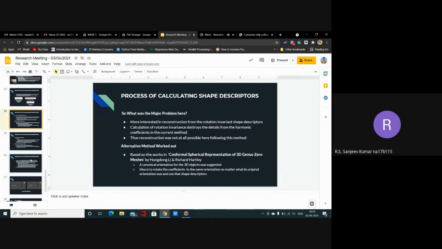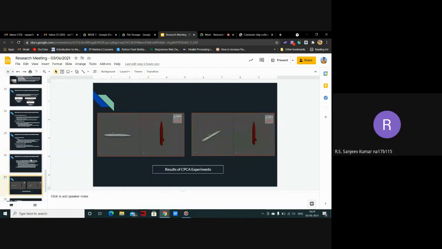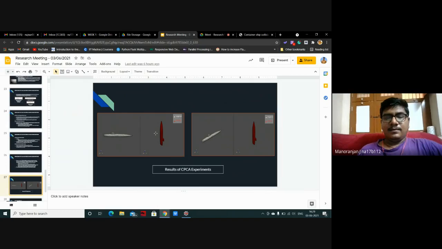So while testing, CPCA could run into problems because you don't have the shape directly available. The neural network may not be able to relate the pressure points of different orientation to this orientation.